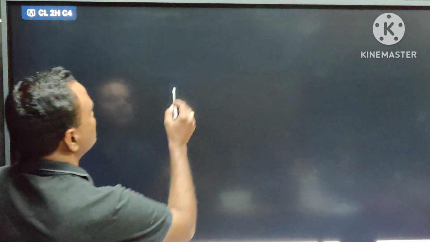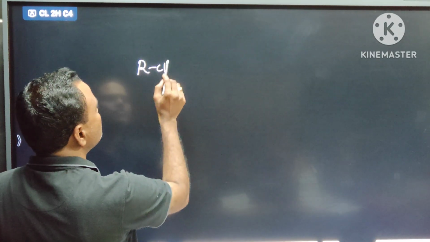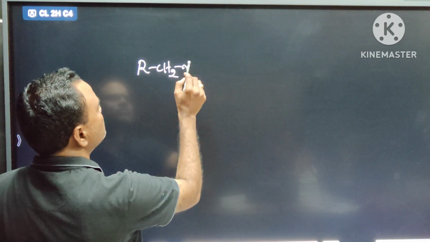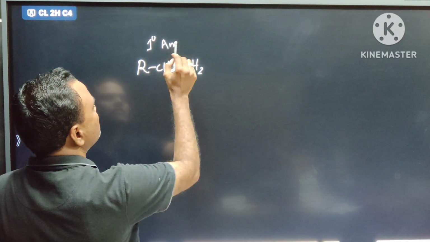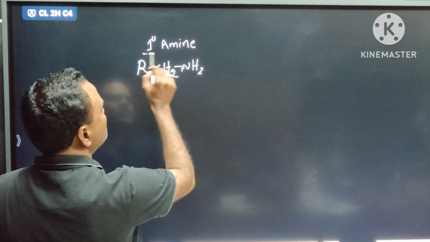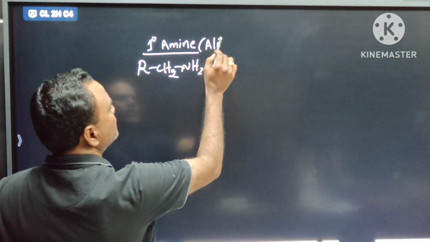What happens when we treat primary aliphatic amine with NaNO2 plus HCl? RCH2NH2. First heading, primary amine, that too aliphatic.